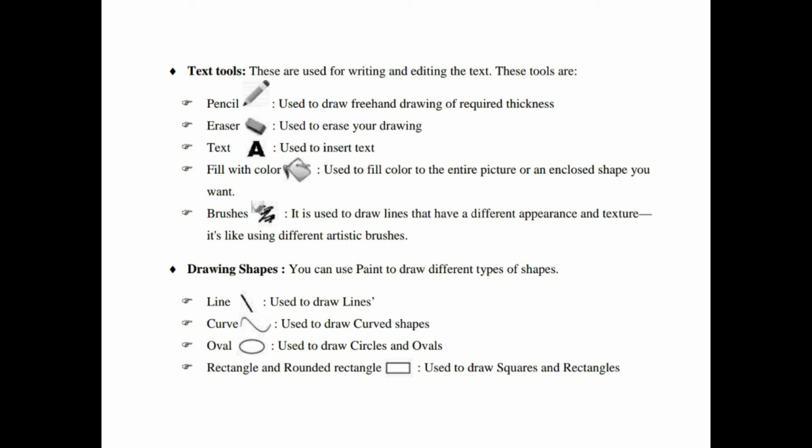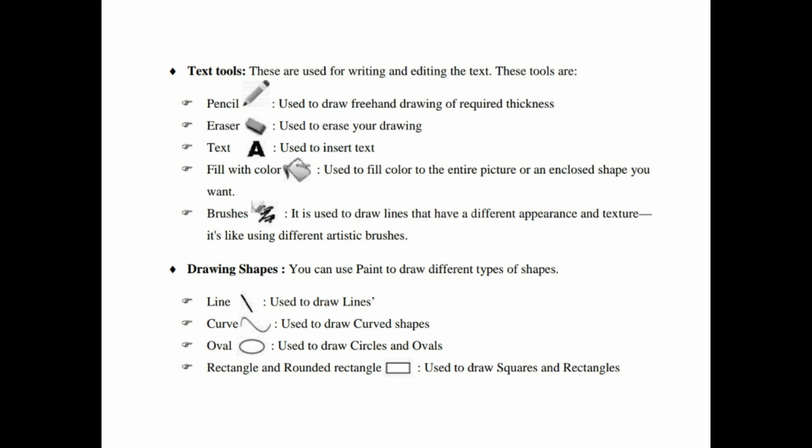While drawing pictures, we may require different shapes. Those shapes are also provided by the paint program. Let us see what those shapes are. Those are called drawing shapes. First one, line. If you want to draw a straight line, then you may use the line shape.